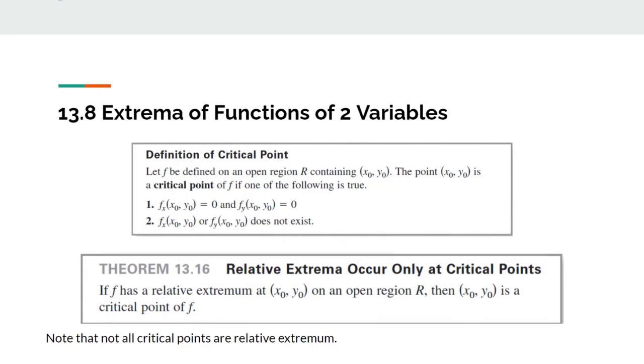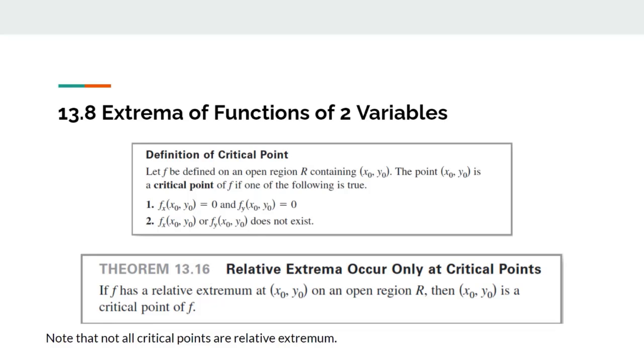So critical point, we remember critical point from single variable calculus. It's the exact same here, just with partial derivatives. If (x, y) is in the domain of a function f, then it's a critical point if the partial derivatives are both 0 at the same time, or fx or fy do not exist.